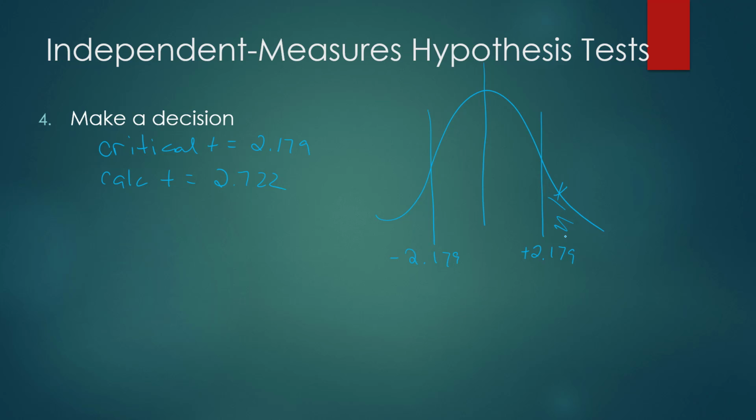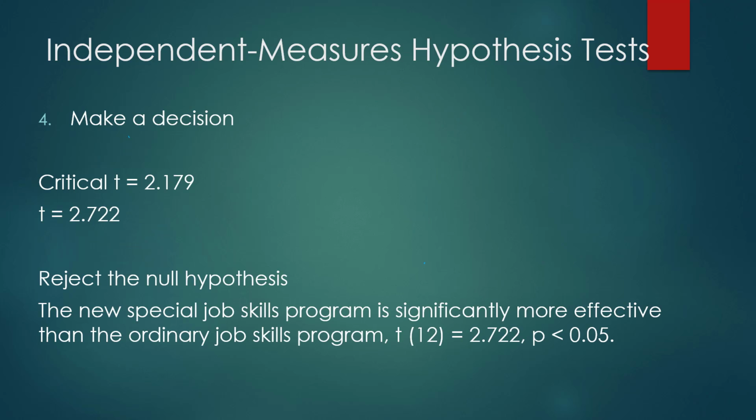So it's in that critical region, so we reject the null hypothesis. The new Special Job Skills program is significantly more effective than the ordinary job skills training program. Or, since we're talking about a two-tailed test, the new Special Job Skills Training Program produced significantly different scores than the ordinary job skills training program.